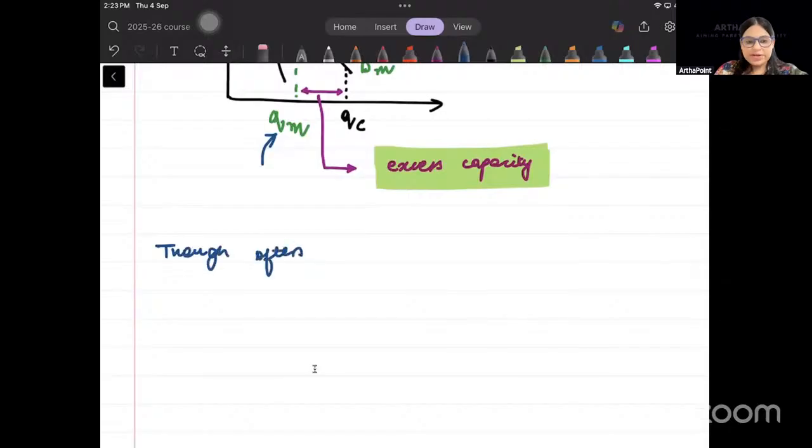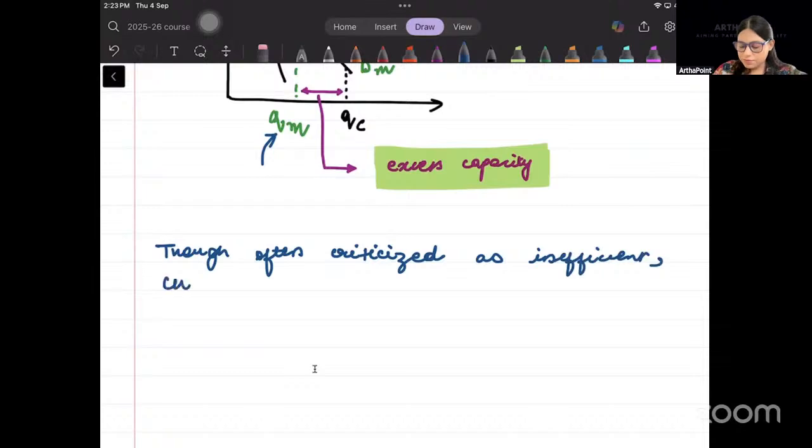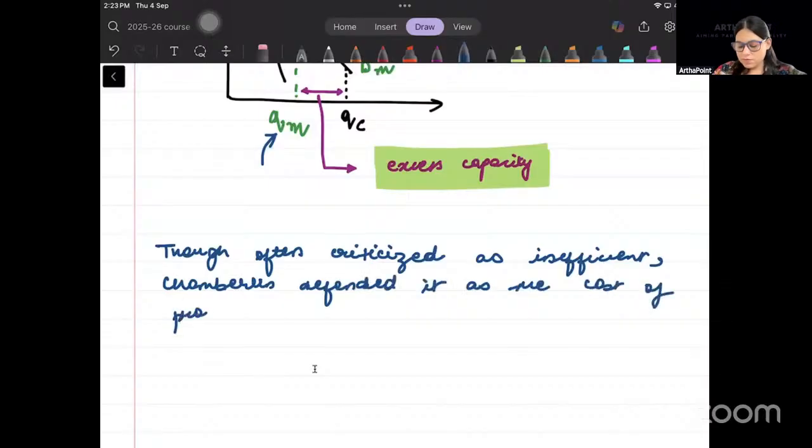Though often criticized, right, as inefficient, Chamberlin defended it as the cost of product variety or product differentiation.